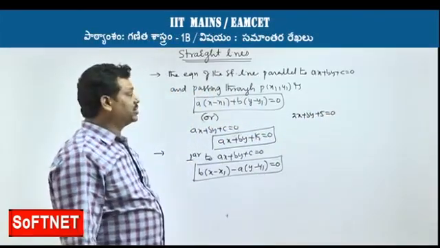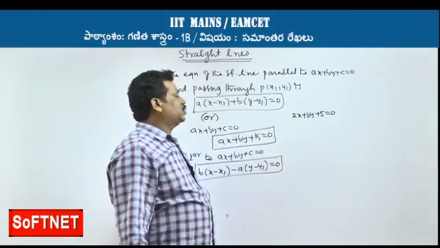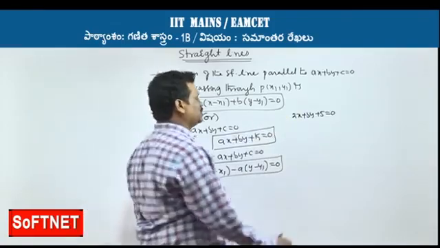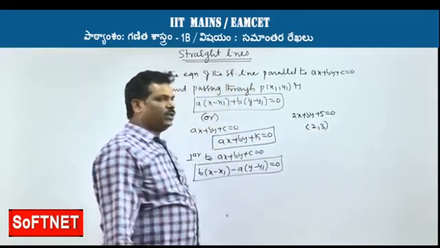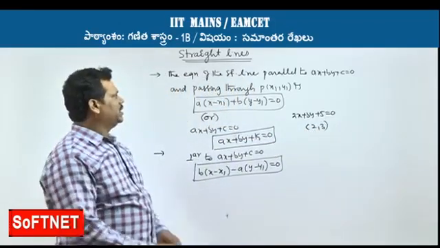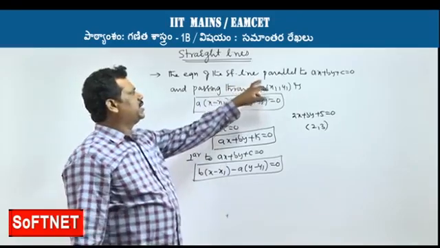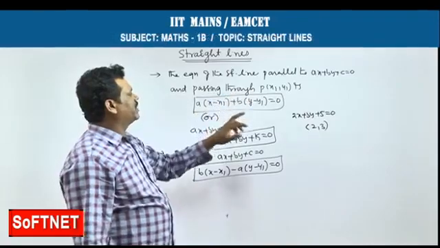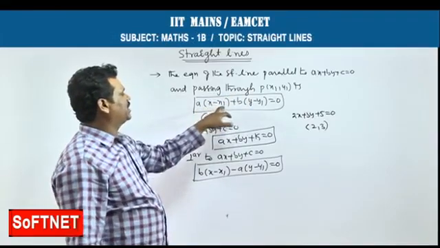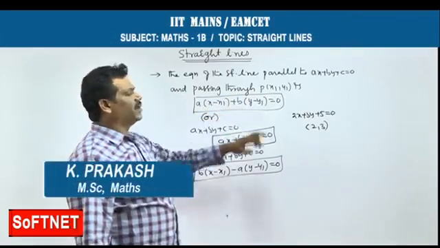For example, find the equation of the straight line parallel to 2x plus 3y plus 5 equal to 0 and passing through 2 comma 3. The equation of the straight line parallel to ax plus by plus c equal to 0 and passing through P of x1 comma y1 is a into x minus x1 plus b into y minus y1 equal to 0.